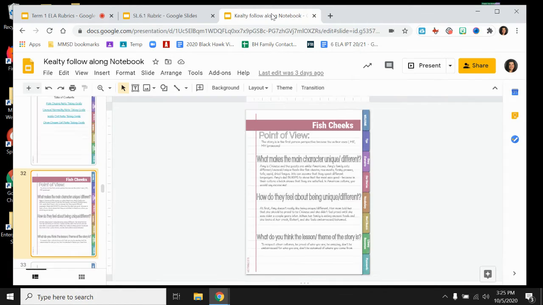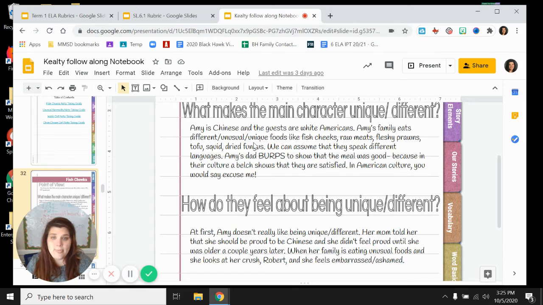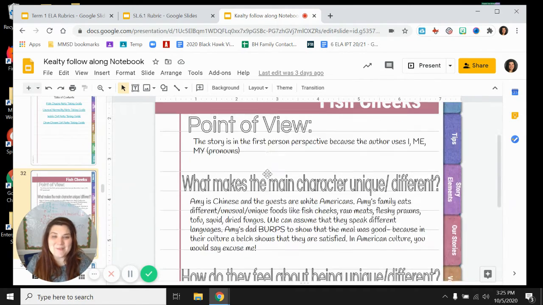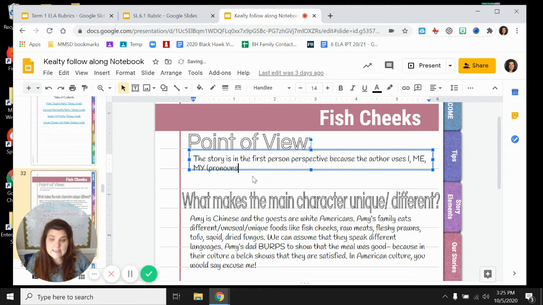So, for example, if I look at my note-taking guide for Fish Cheeks, and I zoom in so that I can see it better. If I scroll up to the top where it says point of view, the story is in first person perspective or point of view because the author uses I, me, and my pronouns. Let's say I have that as my first sentence.